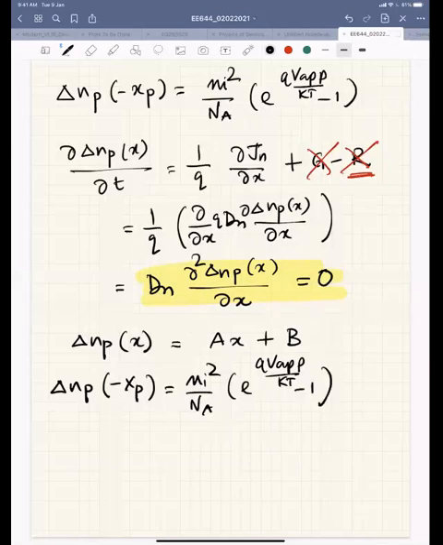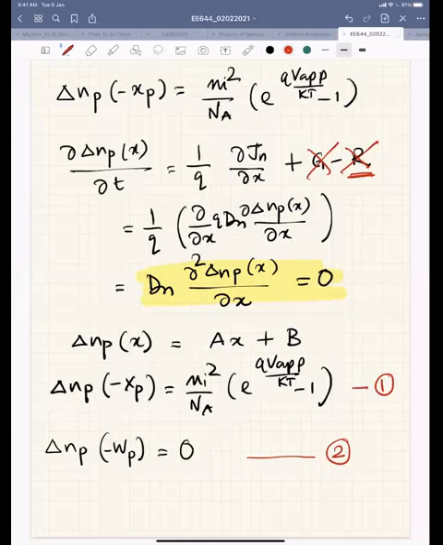So this is condition 1. And the second condition is that at minus Wp this becomes 0. This is because of the metal-semiconductor junction, all those minority carriers will anyway recombine. So if I use these two boundary conditions, I can find a and b.